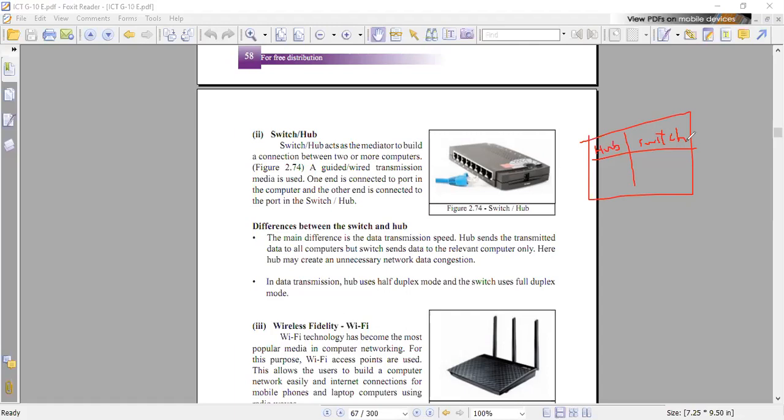So data received by the hub is sent to all the connected devices.